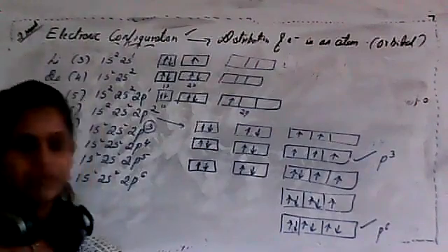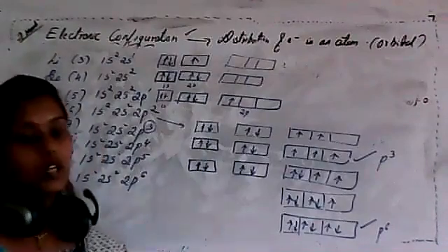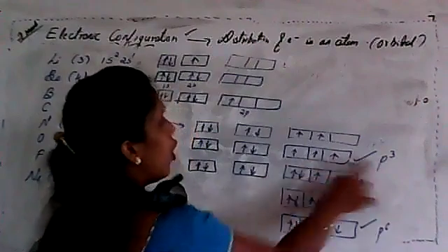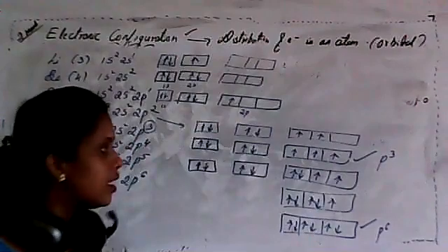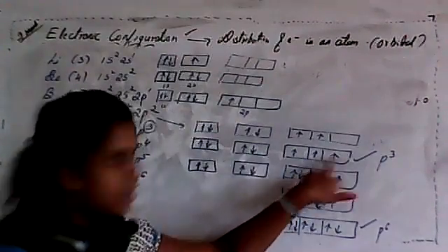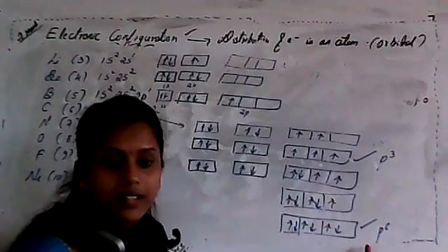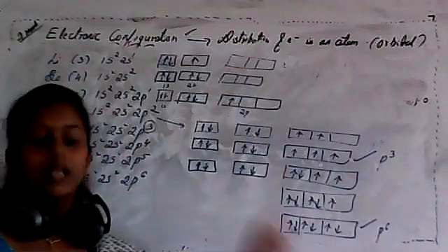Half and completely filled. It's not about gain or loss of electrons, Prithvi. Here, this is a half filled p orbital and this is a completely filled p orbital, isn't it? This one is half filled, 3 electrons were there, and this is completely filled, 6 electrons were there. That's why those are very stable.